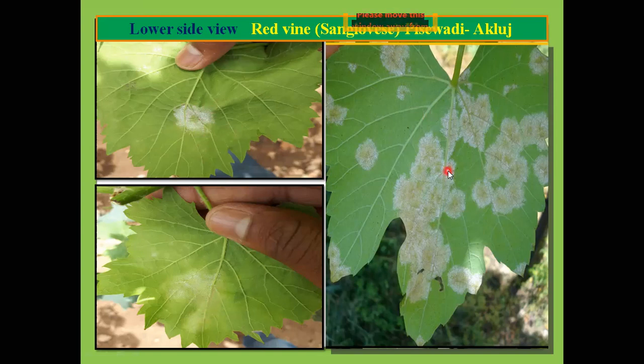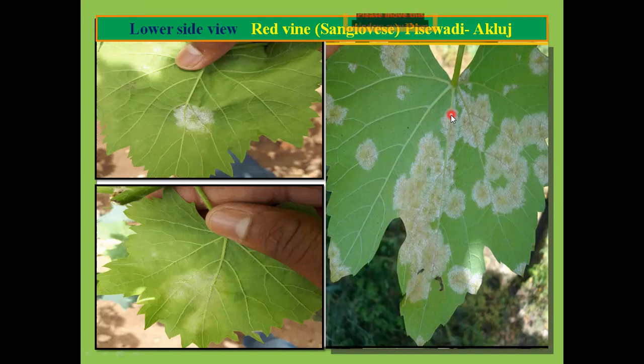These infected areas may show a reddish tinge in color. Initially the whitish downy growth is seen on the lower side of the leaf. Under humid conditions, this profuse downy growth spreads to the entire surface of the leaf. In favorable conditions, it may be seen on the leaf, then shoots, then tendril parts of the grapevines.